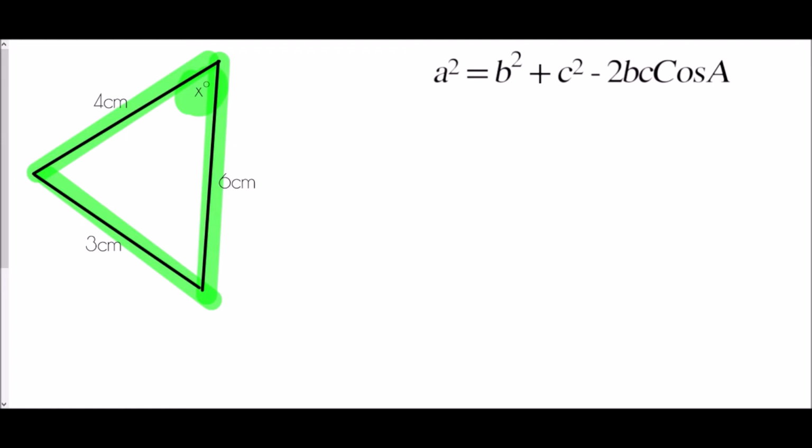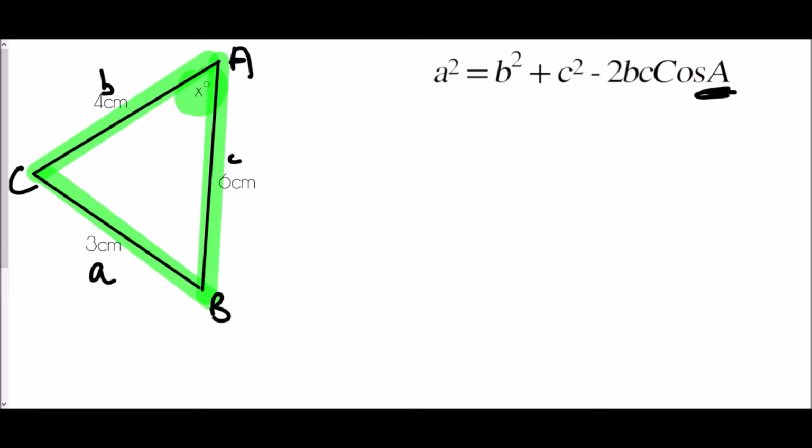Now the key thing, once again, is that we're talking about cos A, so therefore the angle we want to know must be called capital A, and that means that the side opposite it must be little a. The other two sides, just as in the previous, doesn't actually matter which way around we do it, but the really important one is this one, cos A. That must be the angle we're actually looking for.